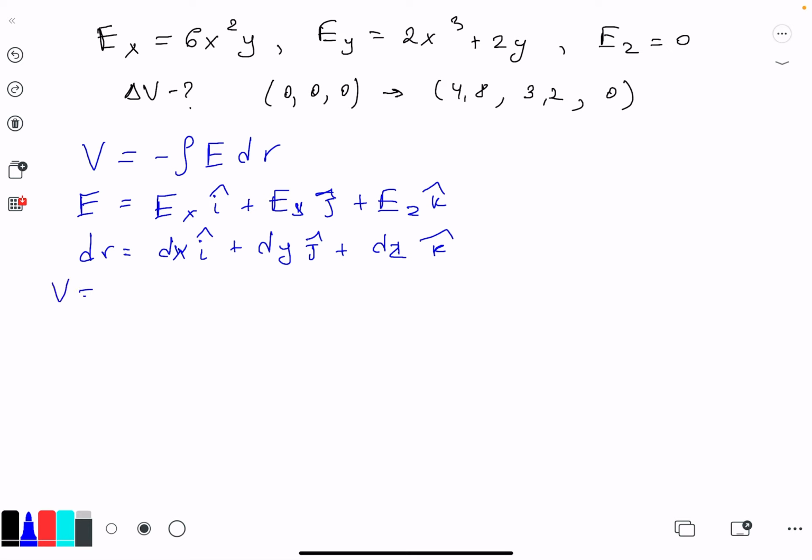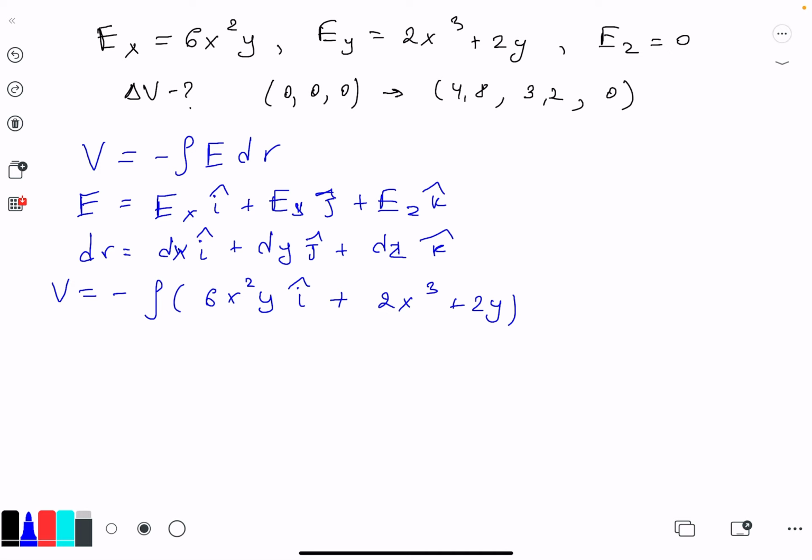So that means V is equal to minus integral of Ex, which is equal to, open the bracket, 6x squared y. This will be the i vector, right? And then Ey j vector is equal to plus 2x to the power of 3 plus 2y.